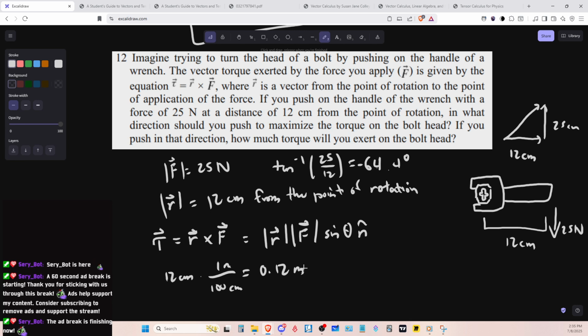Okay, so now 0.12 meters times 25 newtons, and the sine of negative 64.